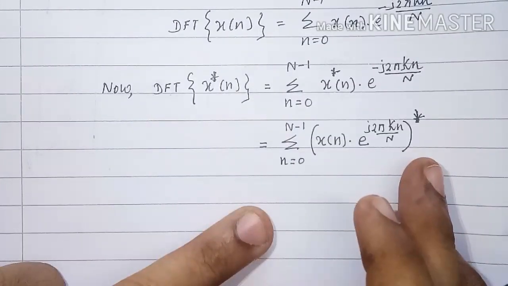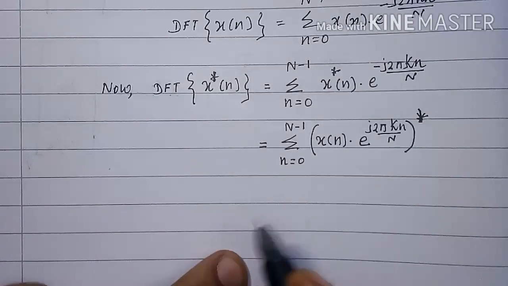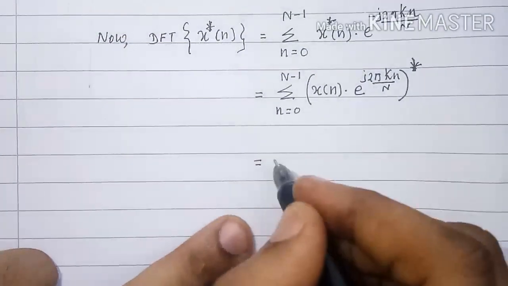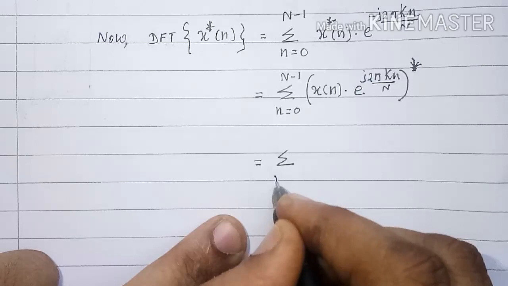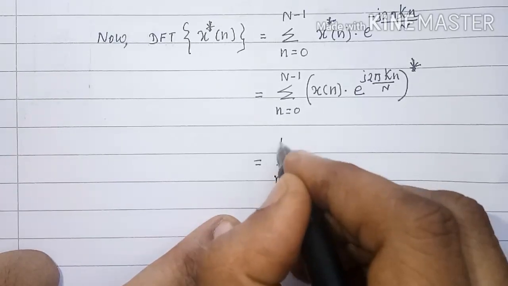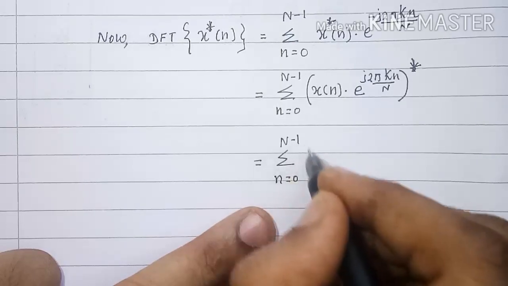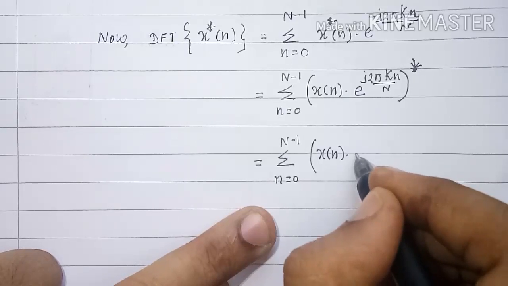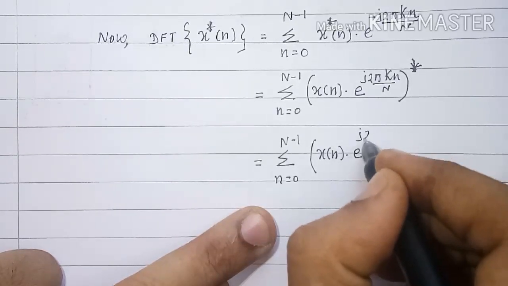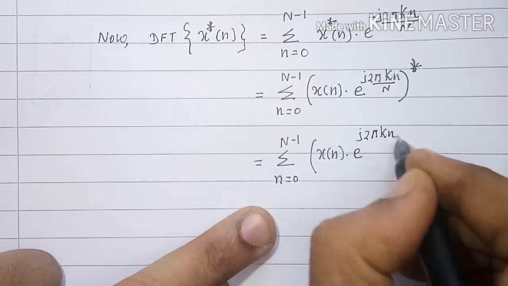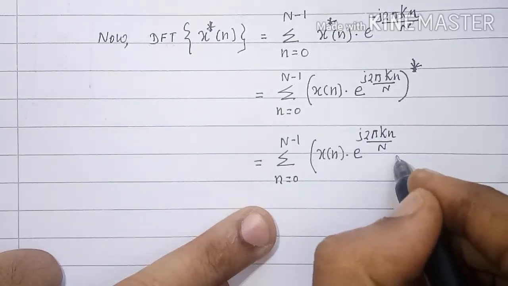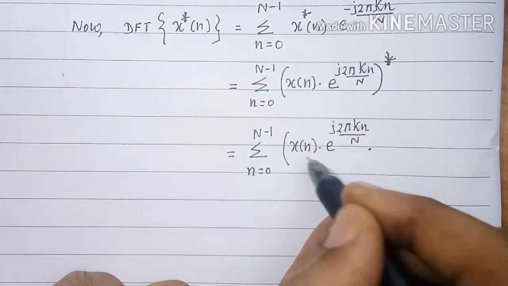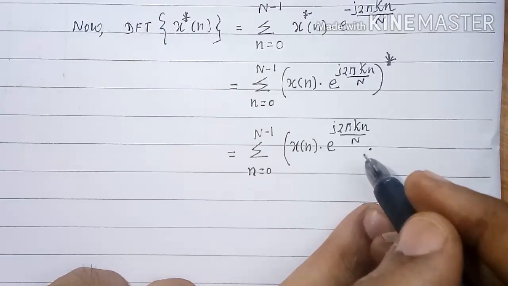It is also by using the law of exponent. Summation of x of n into e raised to j2 pi kn upon capital N, into, if I multiply this product by 1, there will be no change in its value.